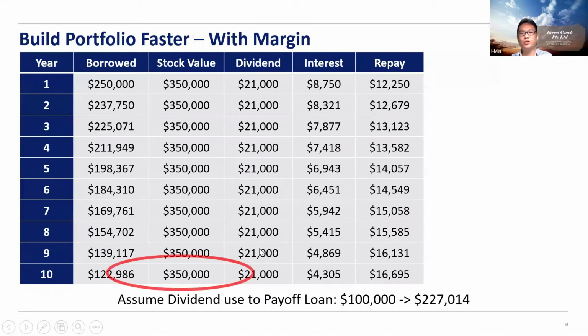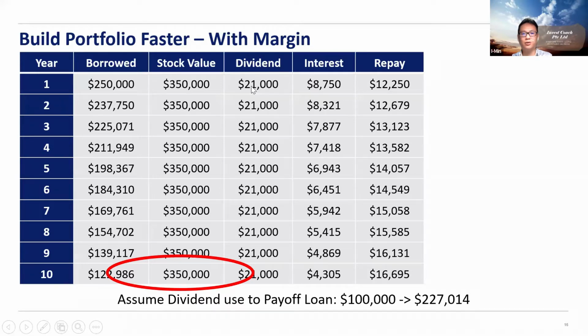Now, if you do it with margin, with 100,000, you immediately go and buy $350,000. Your dividend is actually $21,000.